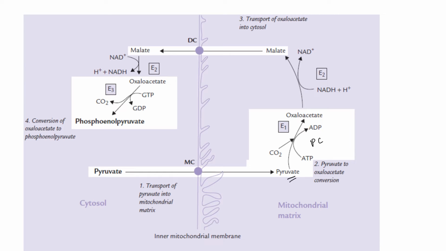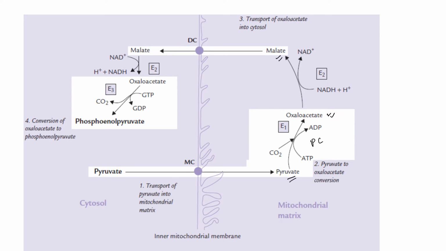So you get oxaloacetate. This oxaloacetate cannot pass through the inner mitochondrial membrane, so it needs to be converted into malate. This reaction is catalyzed by the malate dehydrogenase enzyme, and in the process oxaloacetate is reduced to malate.